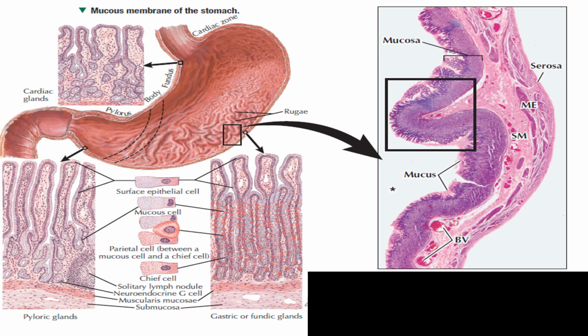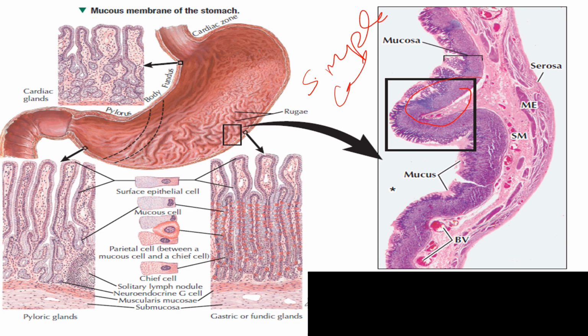So when we are taking a specimen under the microscope, we will see that there is elevation which is causing the rugae. This elevation is formed of the mucosa and submucosa. The mucosa of the stomach is mainly secretory, so all the epithelium lining of the stomach will be simple columnar epithelium.